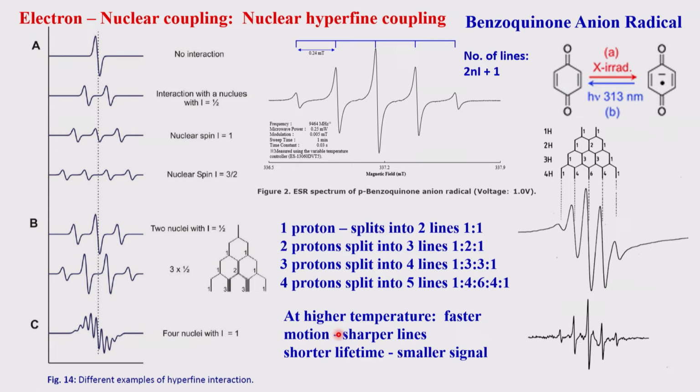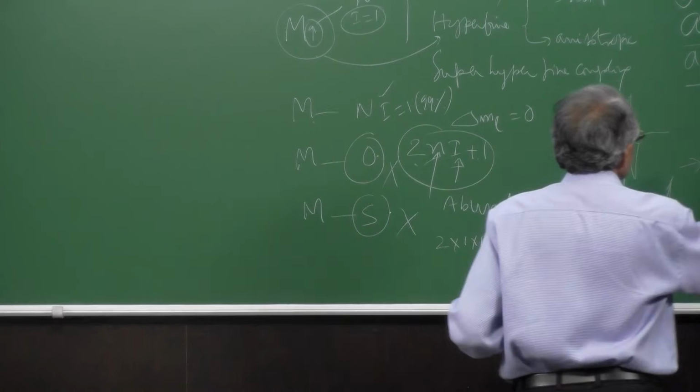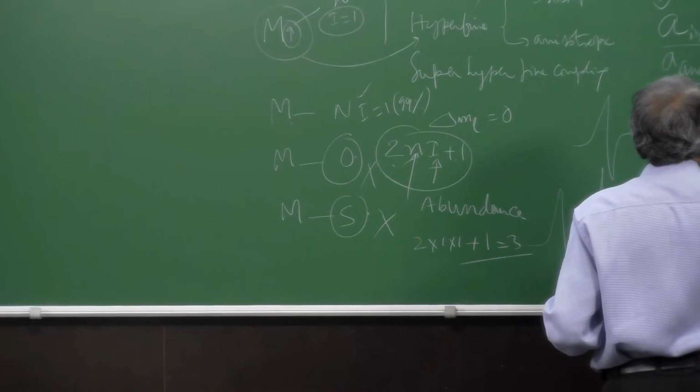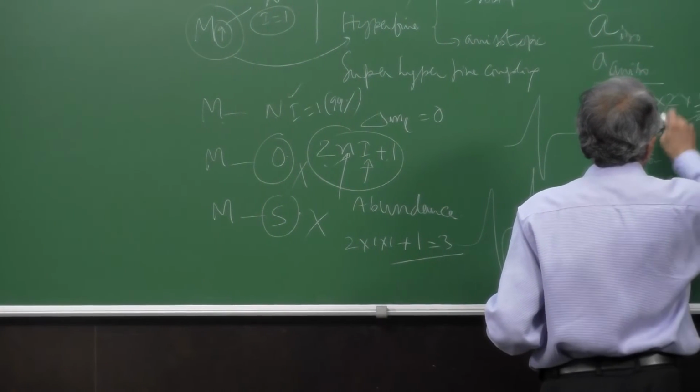Now let's come to the case where you have an unpaired electron connected with two such nuclei with I equal to half. So 2 into 2 into half plus 1, that will be 3.